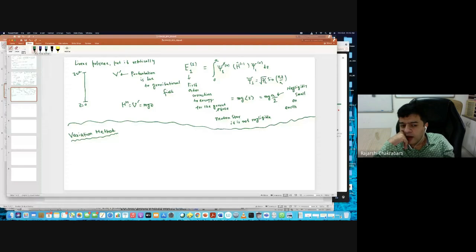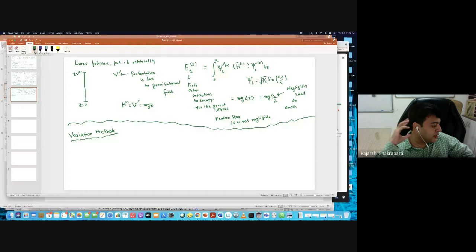Okay, so now we will introduce what is known as the variation method. Now this is very important because in all the packages people use, some of you would know, there are quantum mechanical or quantum chemical packages or software used to calculate the energy levels of molecules.